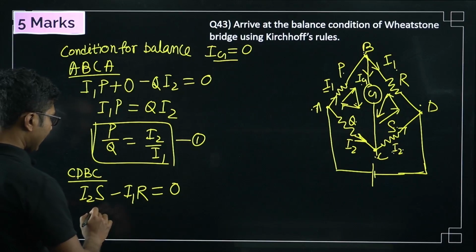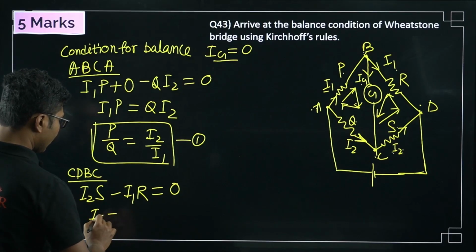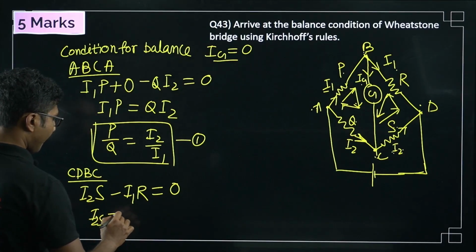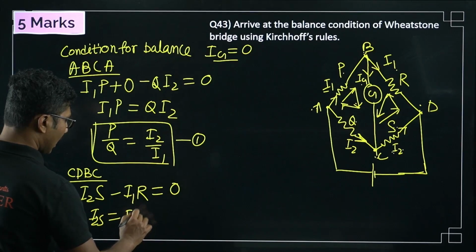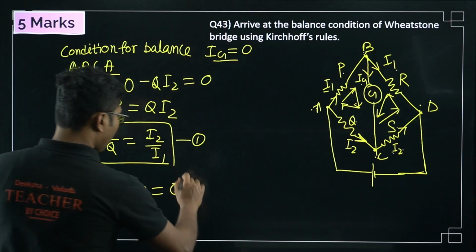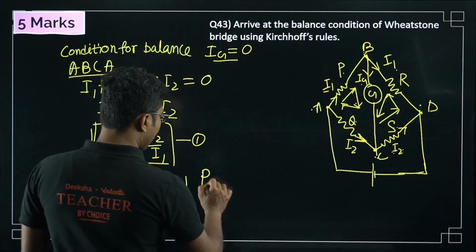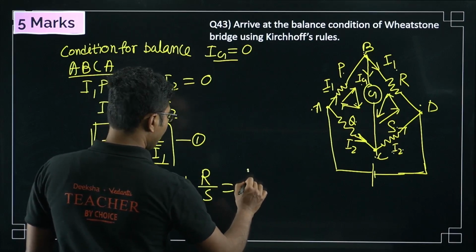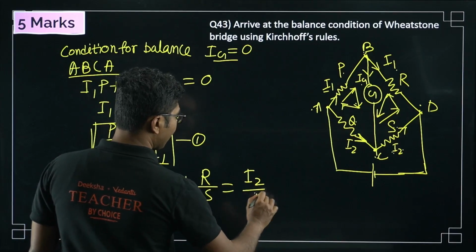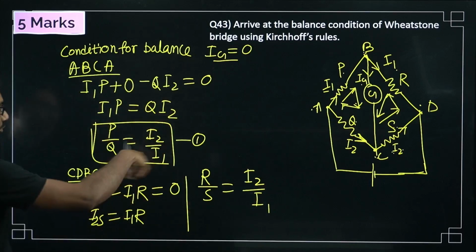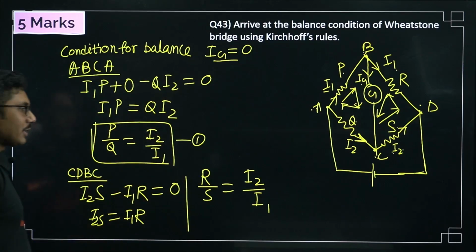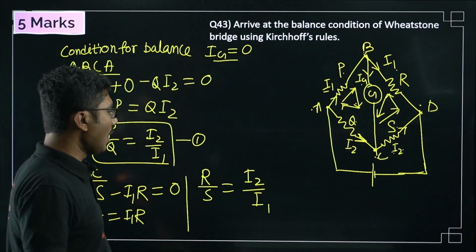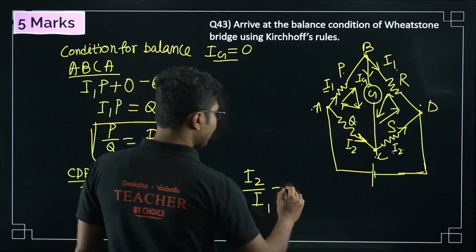So from here we get I2S equals I1R, or R by S equals I2 by I1. We have to match this side, that's why. So R by S equals I2 by I1. This is equation number 2.